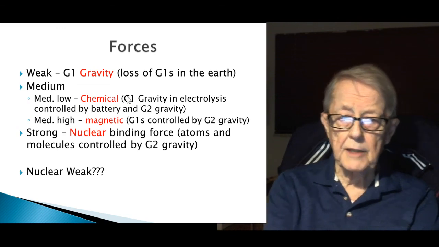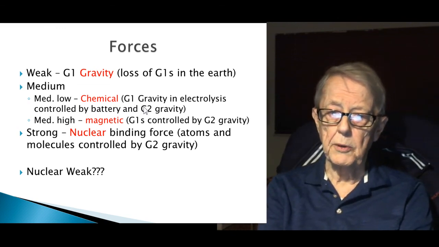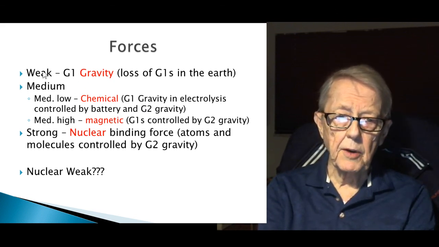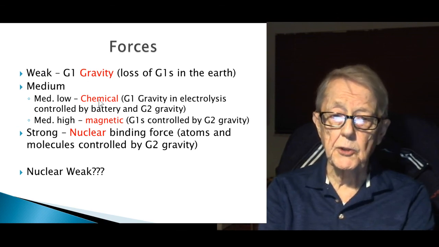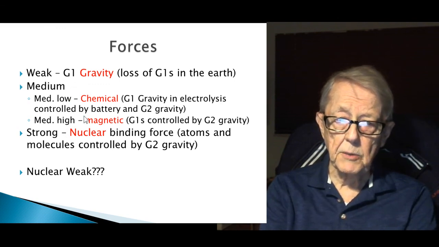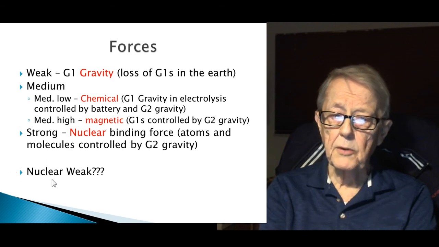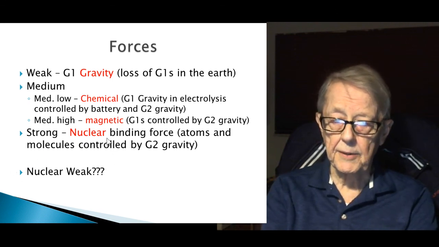The battery provides the G1s, and G2 gravity causes the flow between the plates. So we have really more than, if you want to consider this a force, you may argue the point, but that's essentially what's happening in the G2 model. I haven't talked about nuclear weak force yet. Hopefully I will get to that at some point.